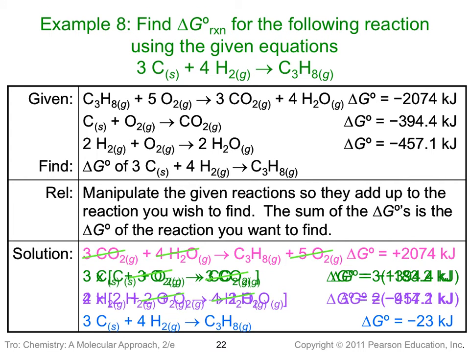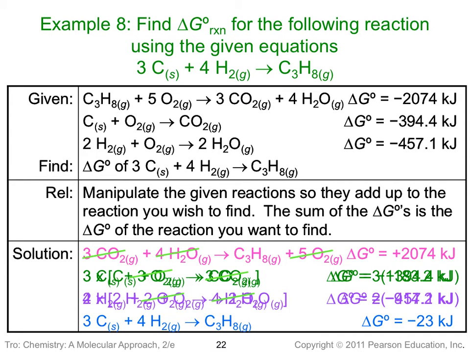So here's an example of that, where you've got carbon, hydrogen going to C3H8, and you've got these different reactions that you can find in that table or in a table.